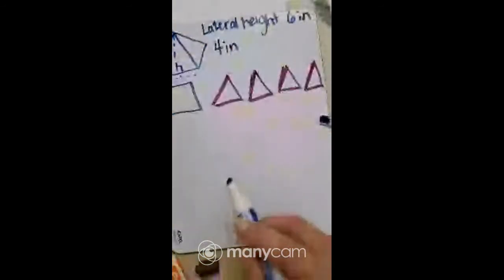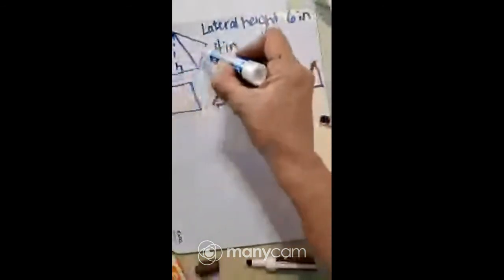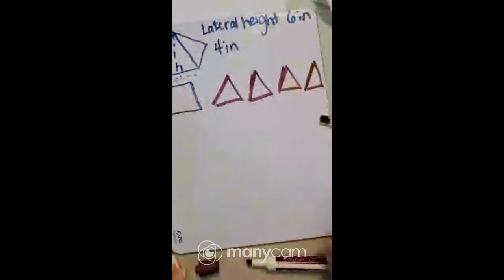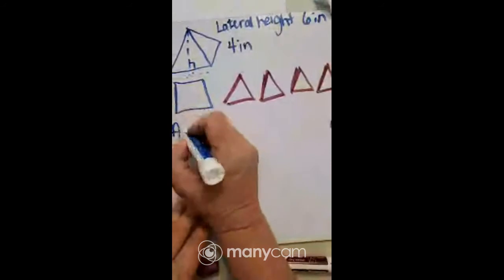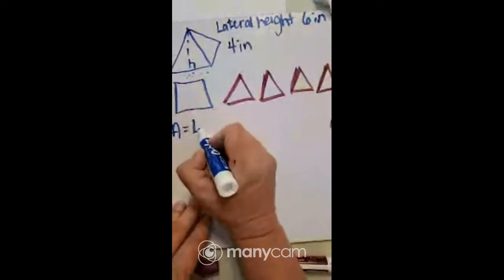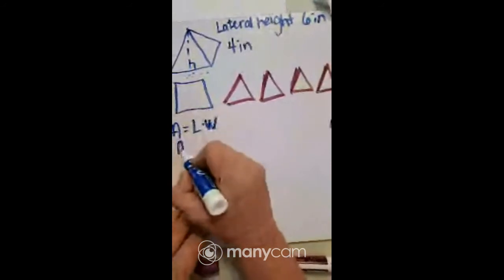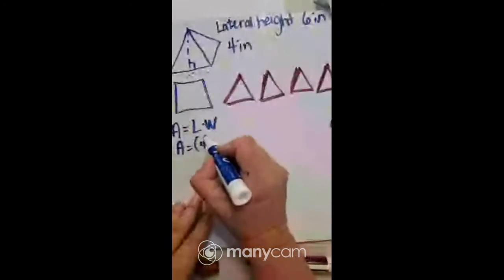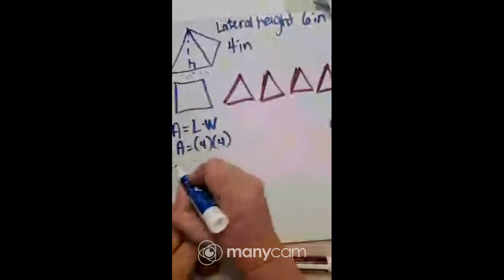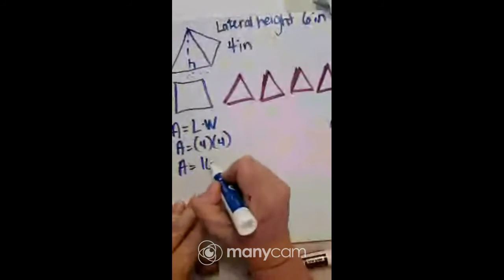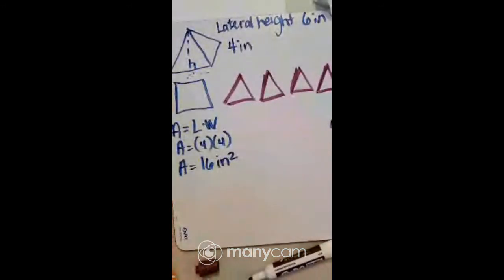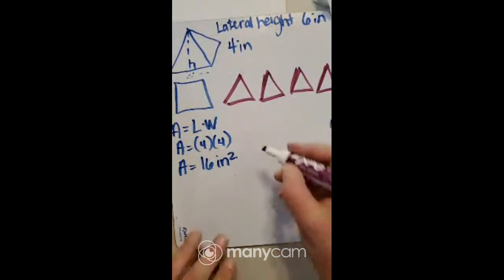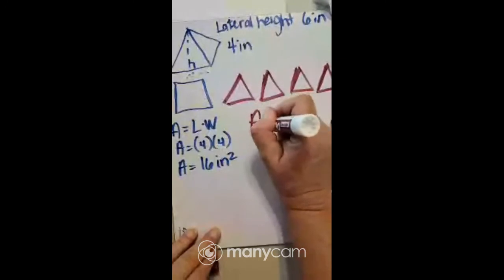If my base is 4 inches on each side, to find the area of my base, it is length times width. Area equals 4 times 4. Area equals 16 inches squared. Now I need to find the area of one of my triangles.